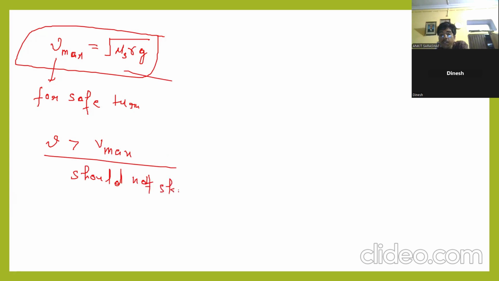I'm not interested in increasing my radius also. Clear? Increasing the radius means it will not skid. First it skids, then it will not skid. My question is, even if I am increasing the velocity of the car, it should not skid. Clear? So how will we overcome this problem?